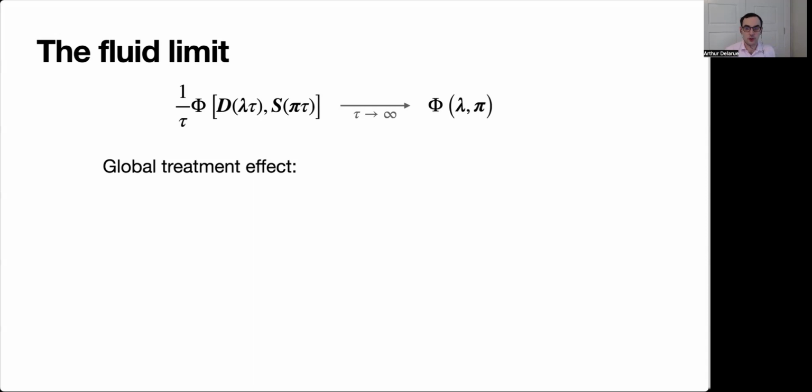So then in this fluid limit, what happens to the global treatment effect? Well, the global treatment effect is still the difference between the expected system value under global treatment minus the expected system value under global control. But now those two terms are deterministic linear programs.